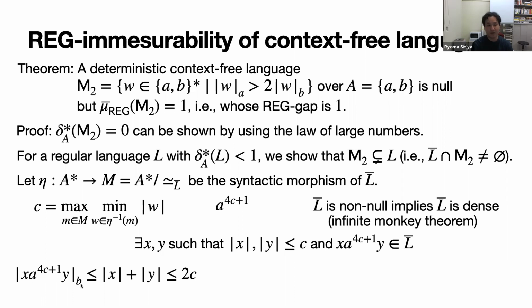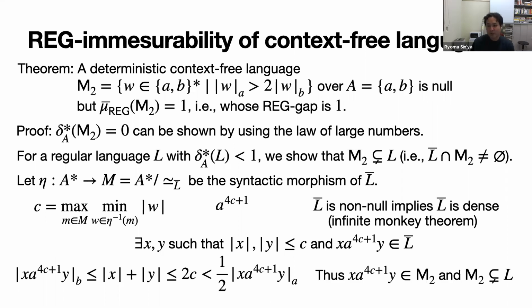So the number of B's is less than or equal to the sum of the lengths of x and y, which is less than 2C, okay? And this is strictly smaller than half of the number of A's because this central part contains too many A's, okay? So this is in M2, so M2 is not a subset of L, okay? And consequently, the outer measure of M2 is 1.